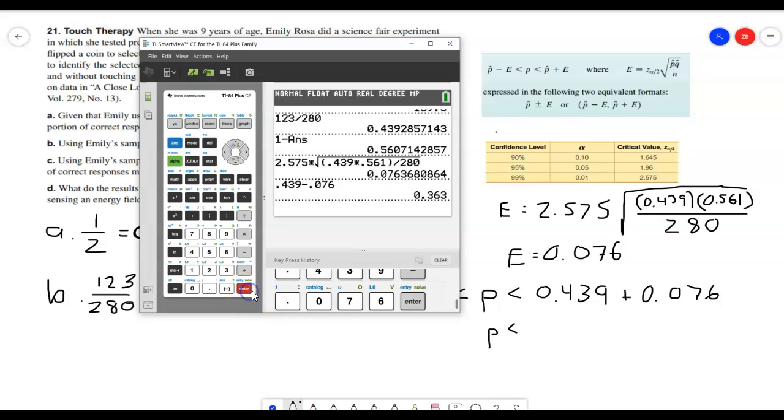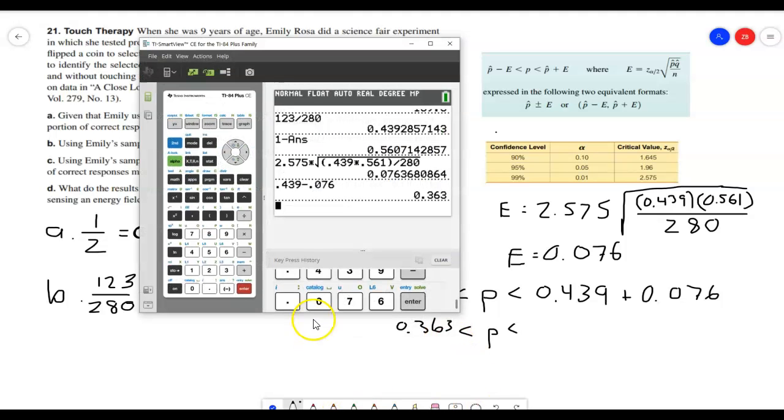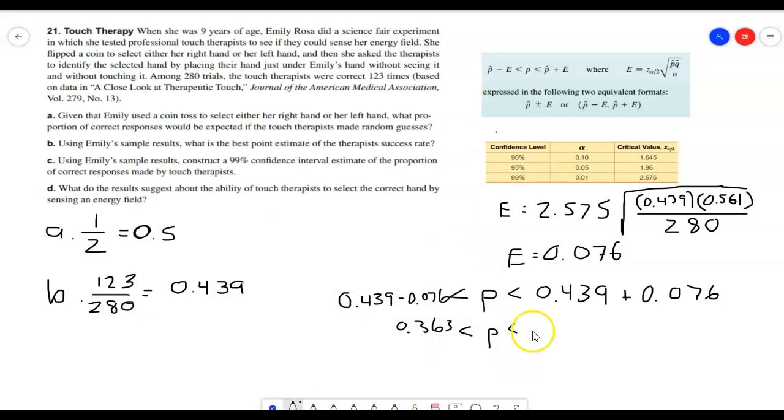So that's 0.363, and 0.439 plus 0.076 is 0.515.